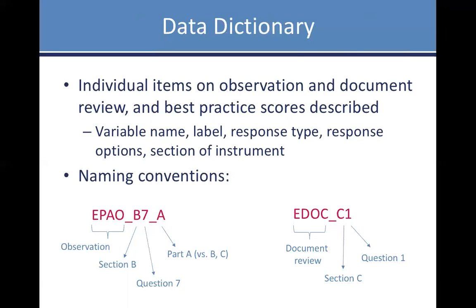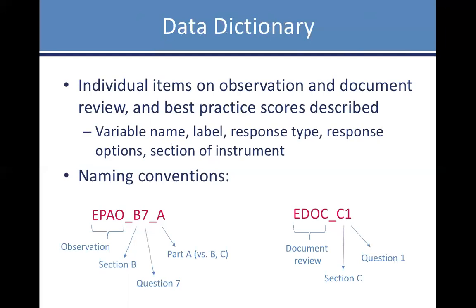These ones in pink are 2 examples of a variable name. The EPAO one on the left is signifying that it's from the EPAO, then an underscore, and then the next signifier is B, so that's section B, and then question 7.